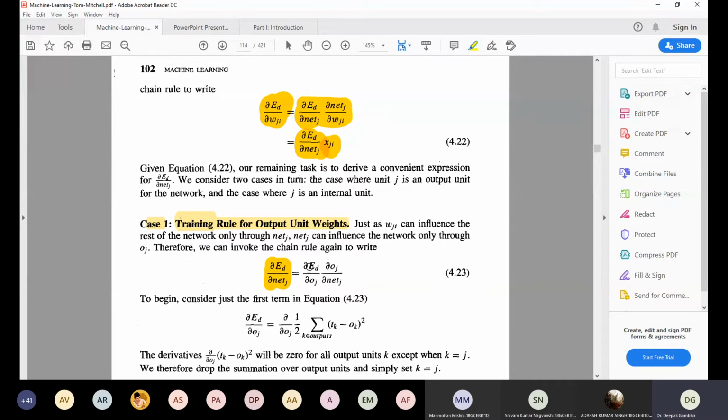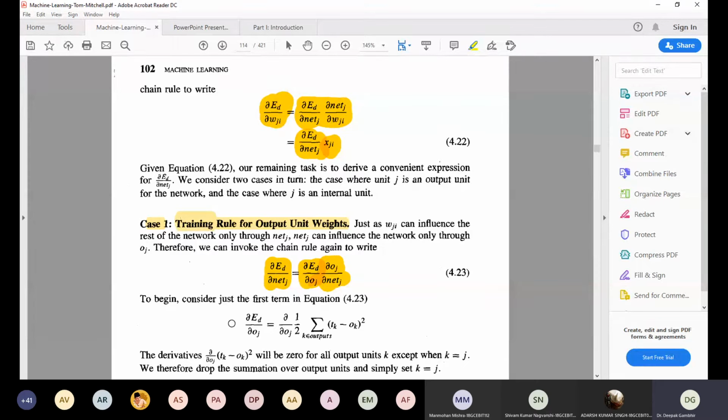Again we use the chain rule. We compute the partial derivative of error with respect to O, that is the output, for each unit j, and we need to compute the partial derivative of O, that is the output, with respect to net_j.